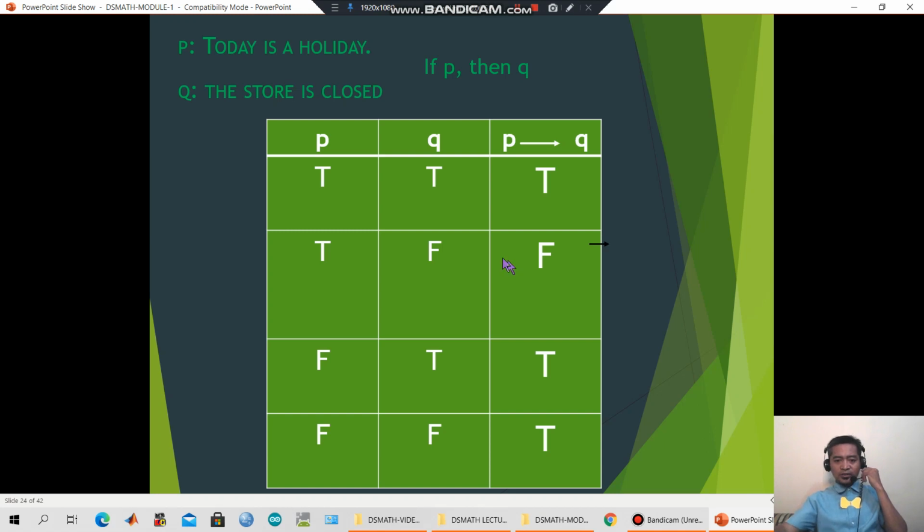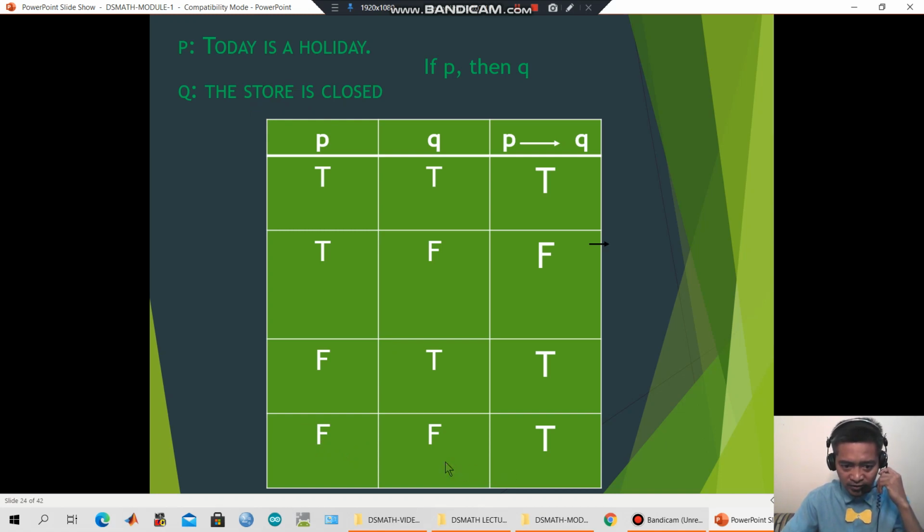Allow me to go down first on the bottom combination, the false and false. Okay, let's convert this. Today is not a holiday, which is false dito. Ito po tayo tingin, no? And then ito ay the store is not closed. Okay, today is not holiday, no?